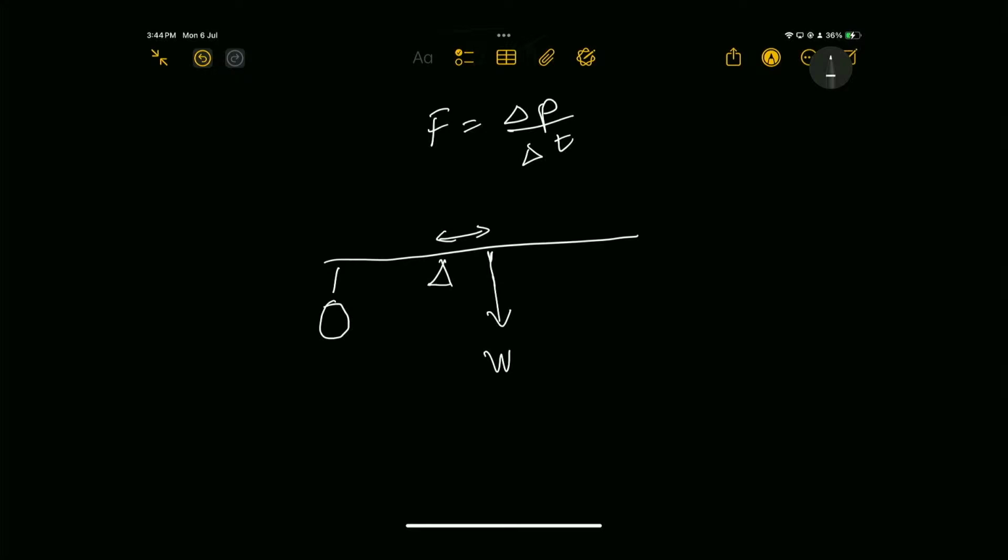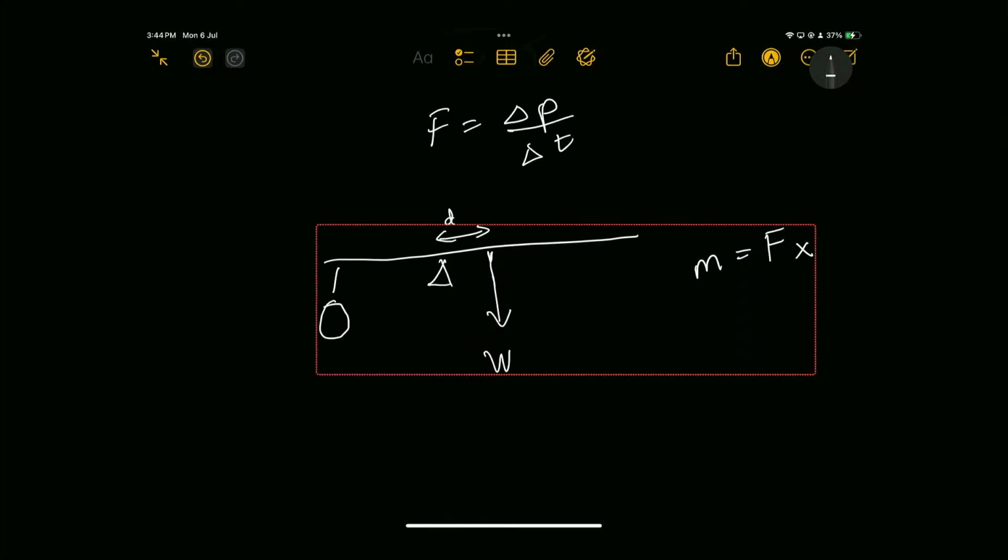Basically, this distance is along the ruler. So in this case, we know the moment M is equal to the force, which is the weight in this case, times this distance d. We know that is equal to the moment.